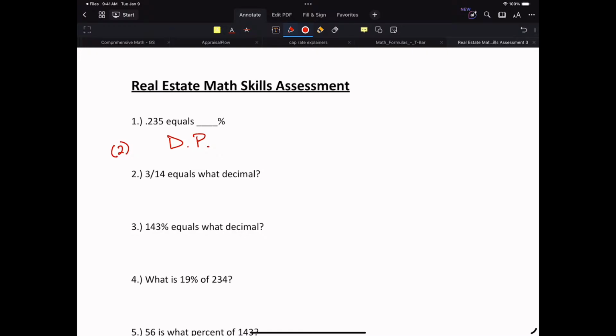If you're going from a decimal to a percentage, you're moving it two places, one for each letter, to the right. If you're going from a percentage to a decimal, you're moving it two places to the left. So I've got 0.235. I'm going from decimal to percentage, so I'm going to the right, one spot, two spots, which means it is 23.5%.